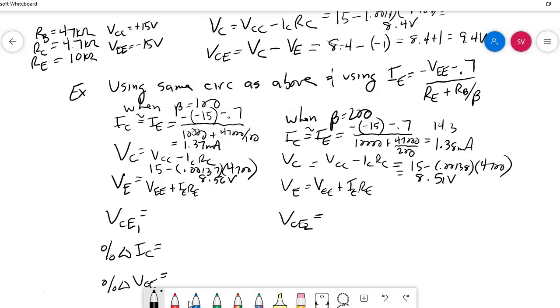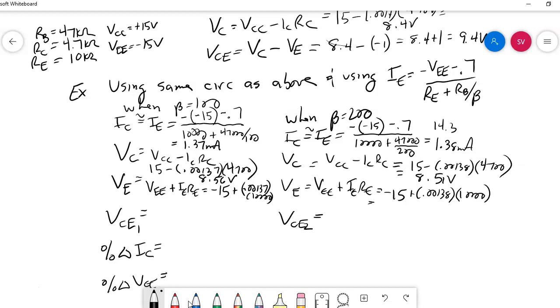So now our VEE is minus 15 volts, so I'll just show it for both here, plus our IE was found to be 1.37 milliamps, and RE is 10,000 ohms. And then over here, it's 1.38 milliamps, or 0.00138 amps, which is the same thing, times 10,000 ohms.